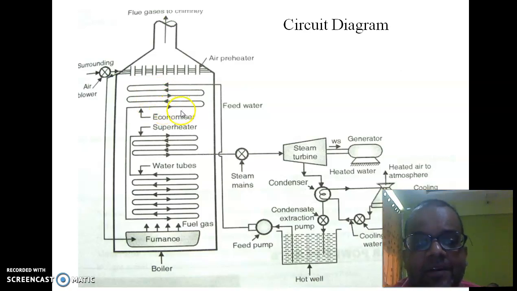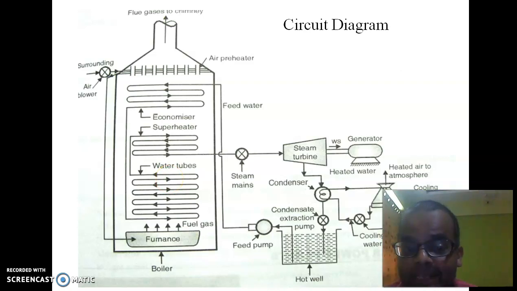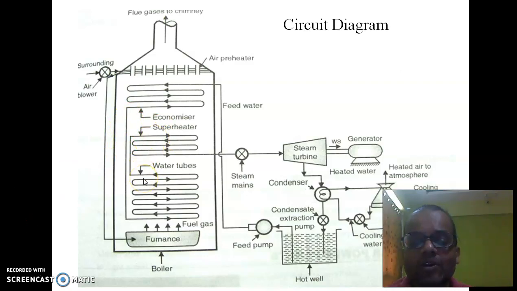That preheated water then passes through these coils, the water tubes, and is converted into steam. Because we are using an economizer, the time taken and the amount of fuel required to convert the water into steam will be less. So it will increase the overall efficiency.